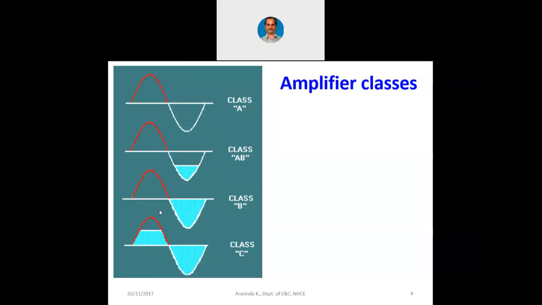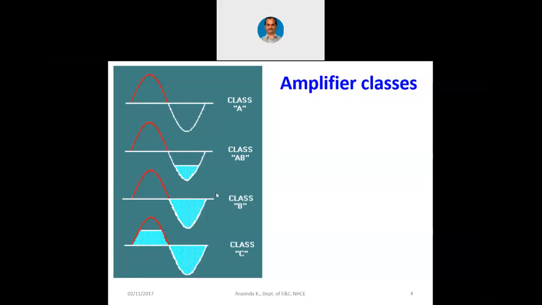Now, coming to the class B operation, only in the positive cycle is the amplifier working. In the complete negative cycle, the amplifier is not at all working, which means we are going to save 50% power in the case of class B. Let us say class A is consuming 6 watts of power.